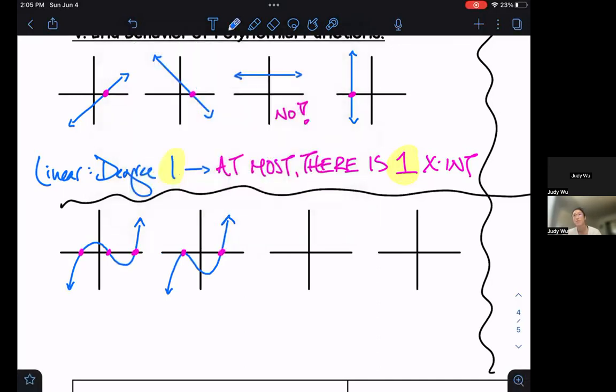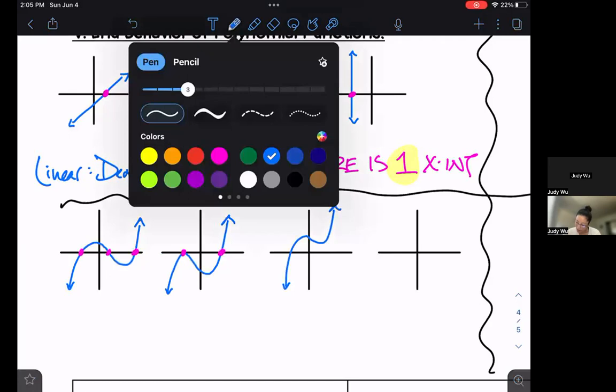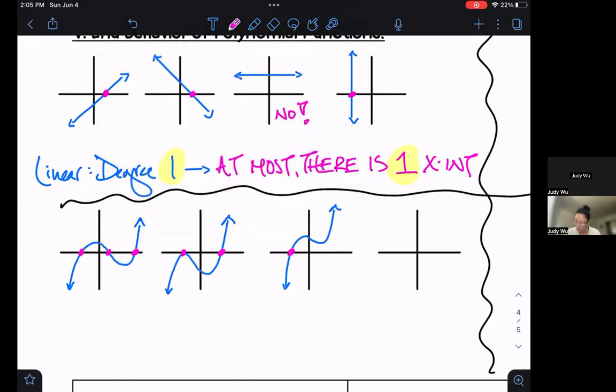Now, can I draw a cubic function that only has 1 x-intercept? Yeah, I could do something like this. And here I see that we just have one x-intercept, right?